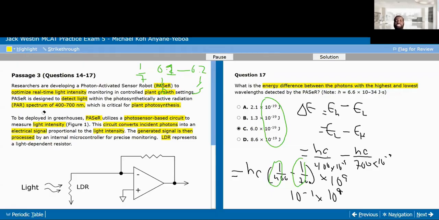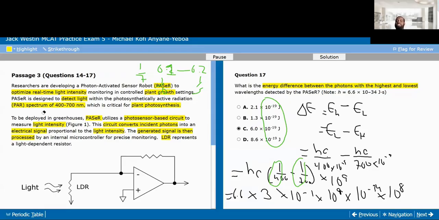So now we've dealt with every unique number. We are left with Planck's constant, which is 6.6, and I'm going to write the exponent of 10 here, 10 exponent minus 34. And we have the speed of light, which is 3, and I'm going to write that down, times 10 exponent 8.